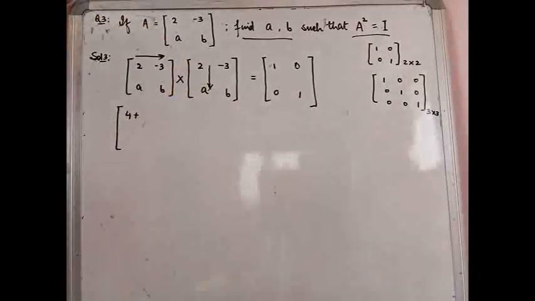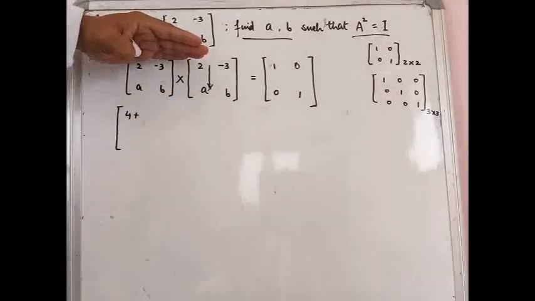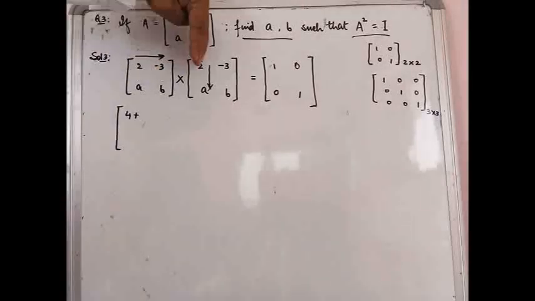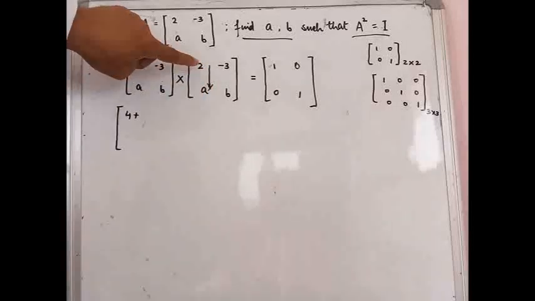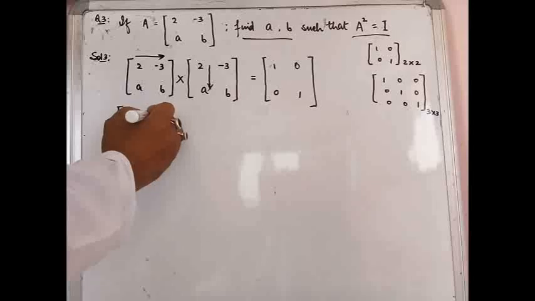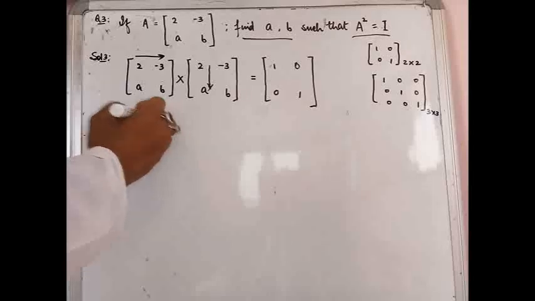Why minus 3 with a? Because we are moving row wise here, so the next entry after 2 is this. Similarly, we are moving column wise down, so the next entry after 2 is a. So minus 3 gets multiplied with a, which gives you minus 3a.